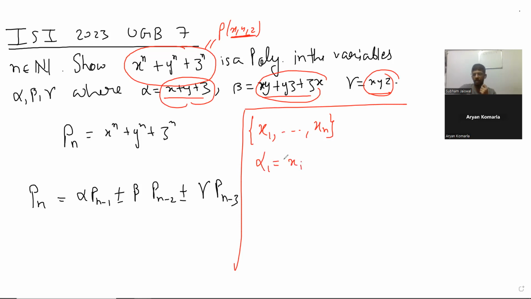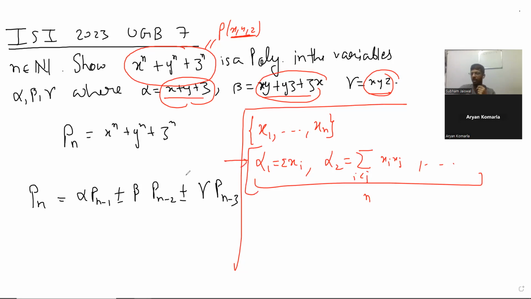We can choose how many terms: the summation of single terms, then xy, then xyz. So there will be n such things. For n variables there are n, and these are called elementary symmetric polynomials, because these are the basics.